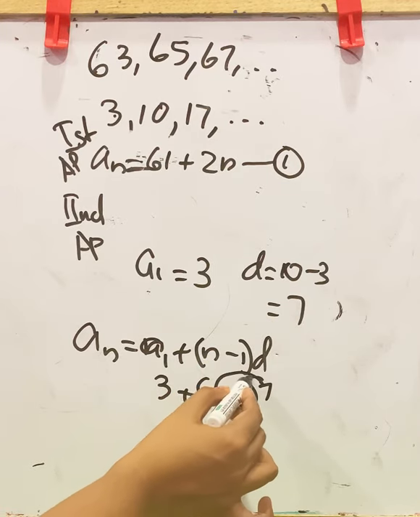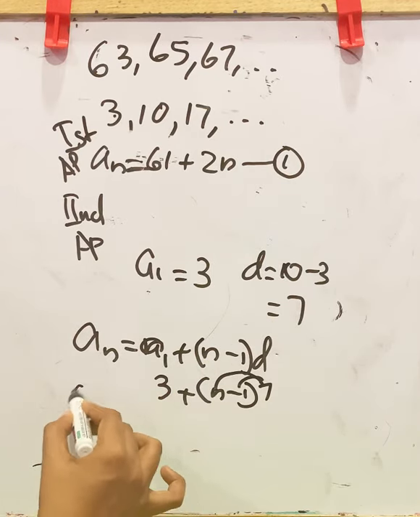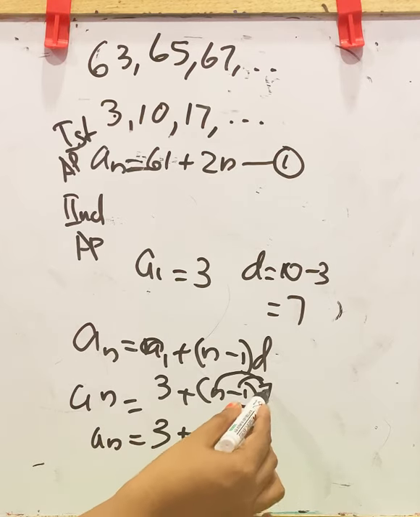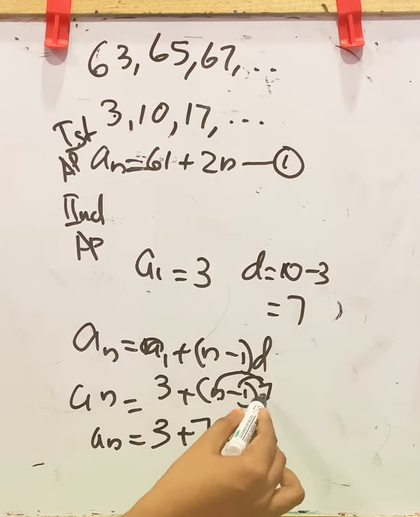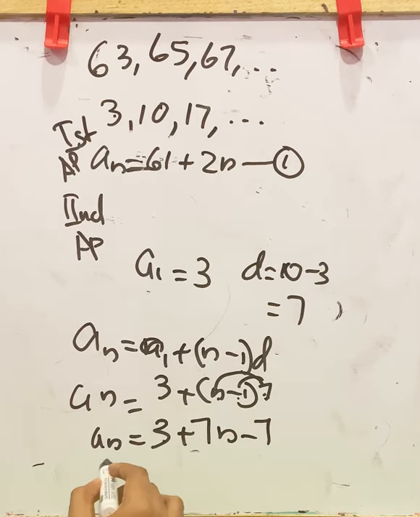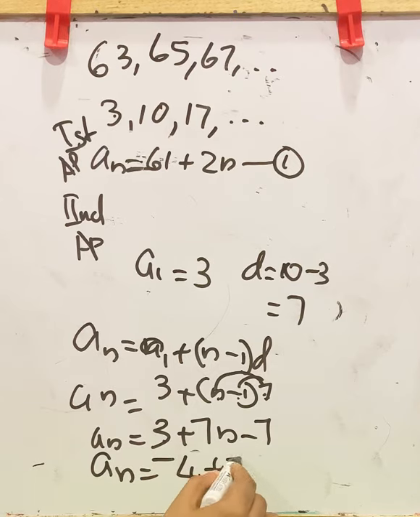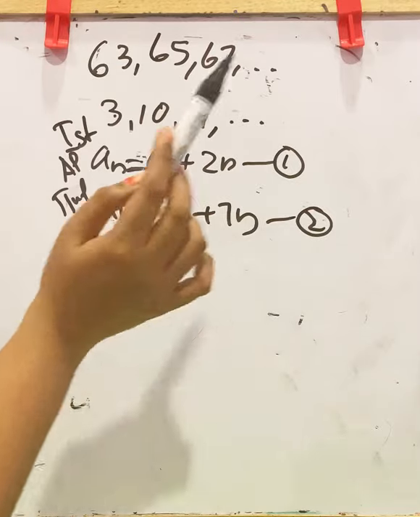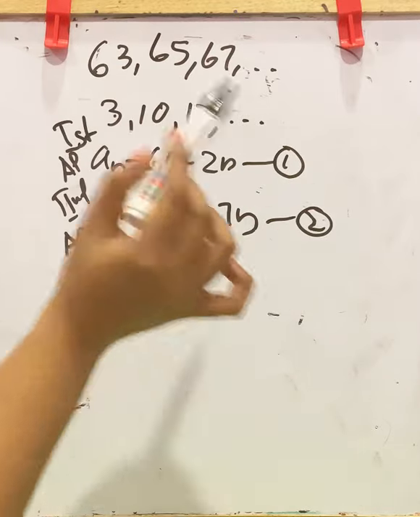Now distribute the 7 to these two terms. It becomes 3 plus 7n, 7 into minus 1, minus 7. Now 3 minus 7, an equals minus 4 plus 7n. This is second equation. From first AP we got one equation and from second AP we got this equation.